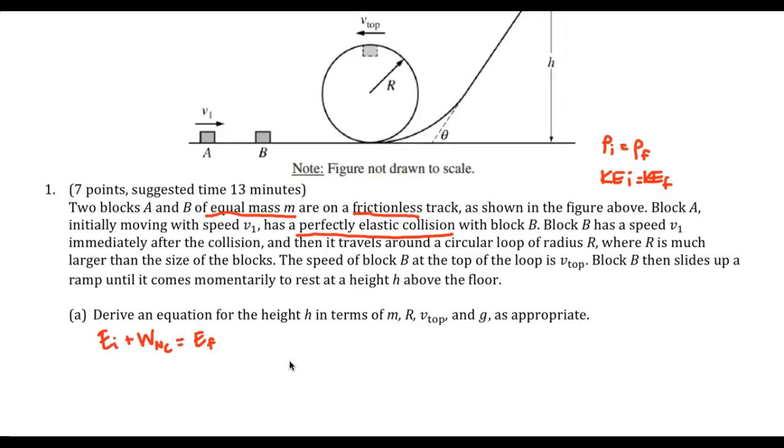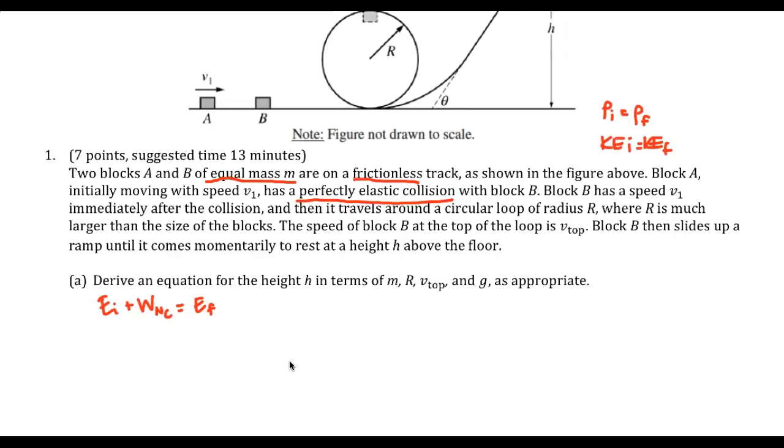I'm going to go ahead and just write that out. That's my conservation of energy equation. Well, what's the initial energy in the system? Well, I can say that B has kinetic energy of 1/2 its mass times v1 squared.